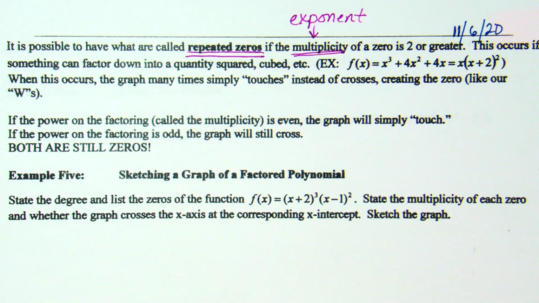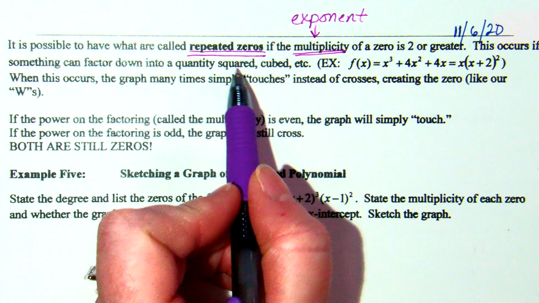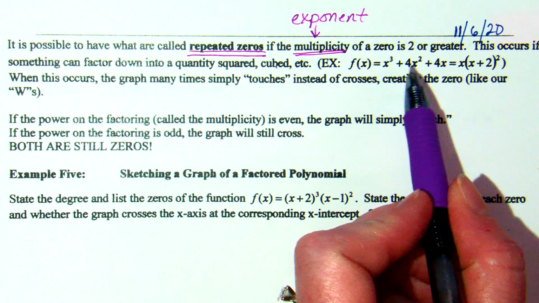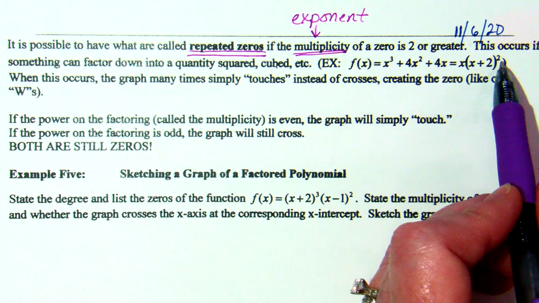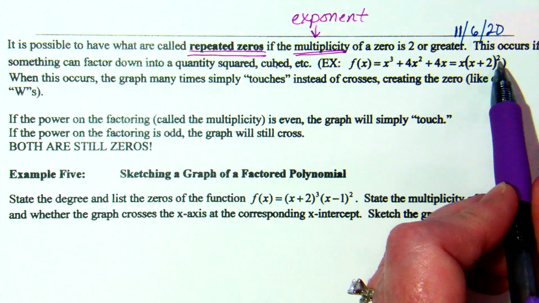So, this occurs if something can factor down into a quantity squared, cubed, etc. The example here, x cubed plus 4x squared plus 4x factors into x times x plus 2 squared. So, this x plus 2, which would be a 0 of negative 2, that would have a multiplicity of 2 because the exponent is 2.